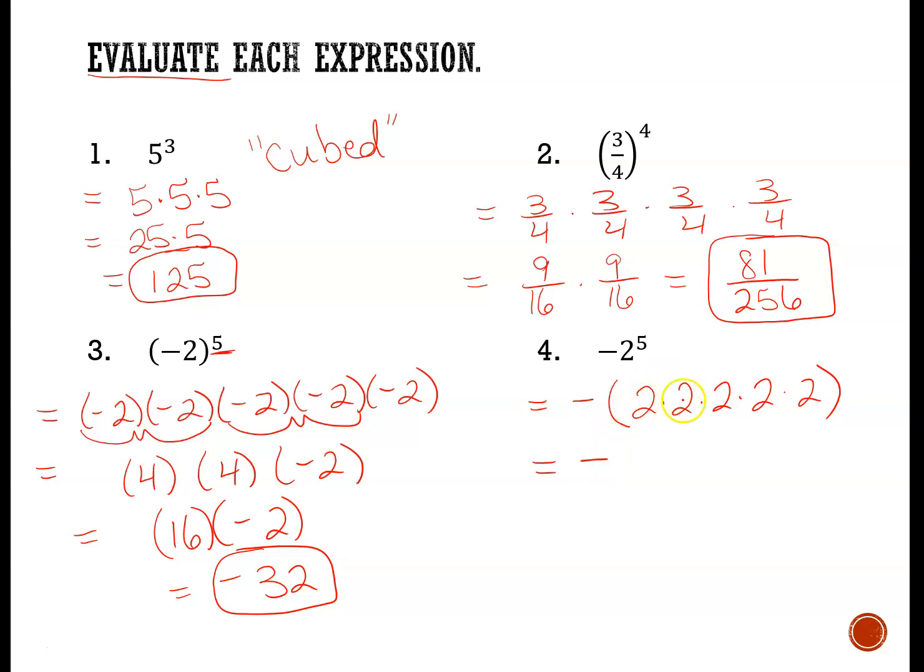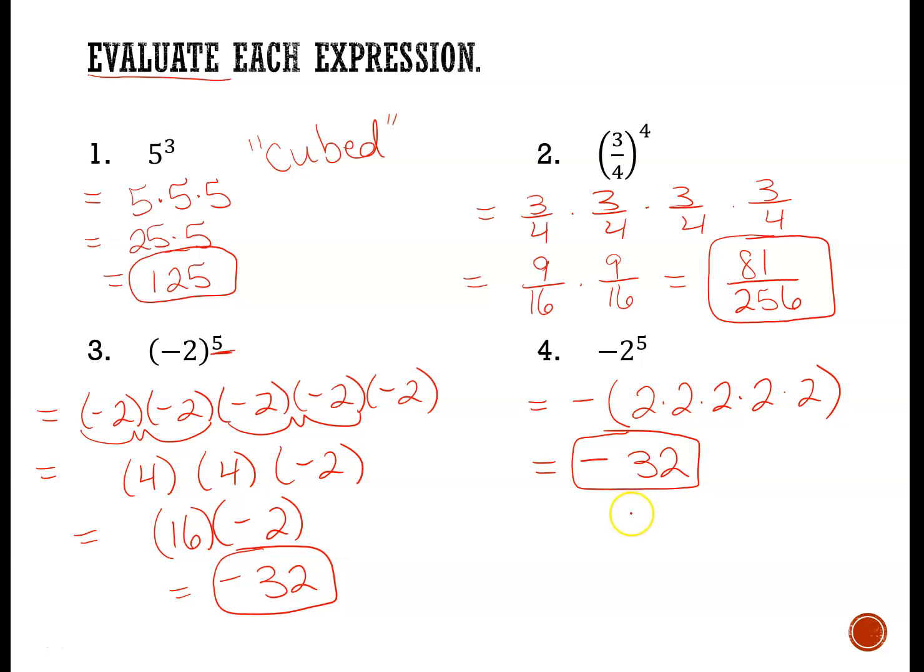And then I'm going to do 2 times 2 is 4, times 2 is 8, times 2 is 16, times 2 is 32. So I actually get the same answer, but my work is different. It's important that your work is correct. To get credit for a problem on a lab or a test, your work must be correct.